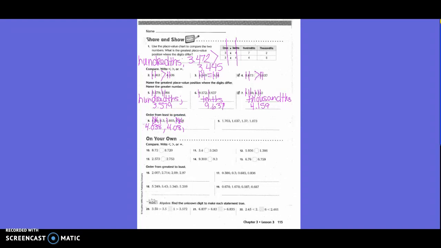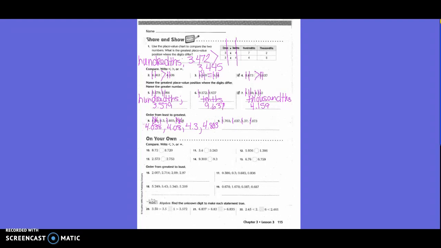Now what's going to come next? Then it's going to be 4 and 3 tenths. And then what's next? 4 and 803 thousandths. All of these have what in the whole number place? 1. So those are going to be marked out, and all our answers start with a 1. Now we're going to the tenths.